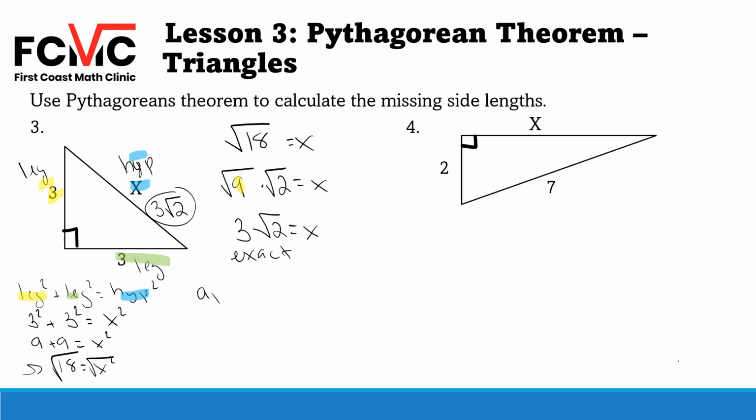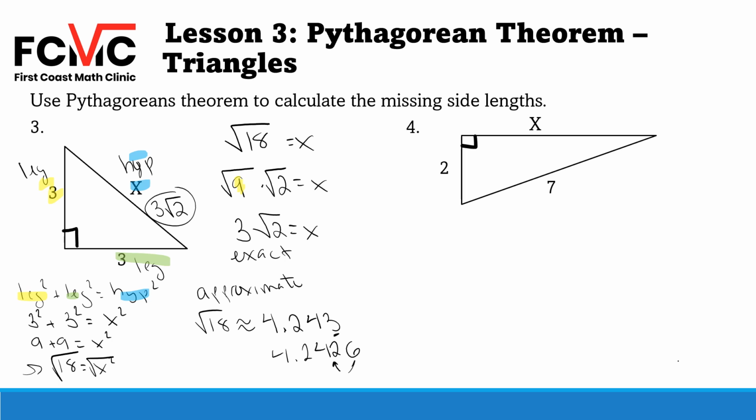Now, if we wanted the approximate, well, we could take our square root of 18 and just plug it into our calculator, and we'd get 4.2426. Rounding to the nearest thousandth, I'm looking at the 6, so I'm going to round that 2 up to 3, and I'll get 4.243, or 4 and 243 thousandths.